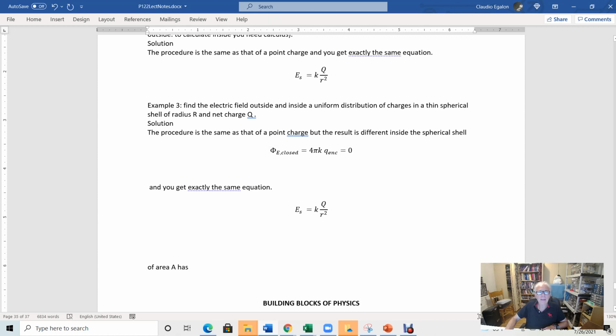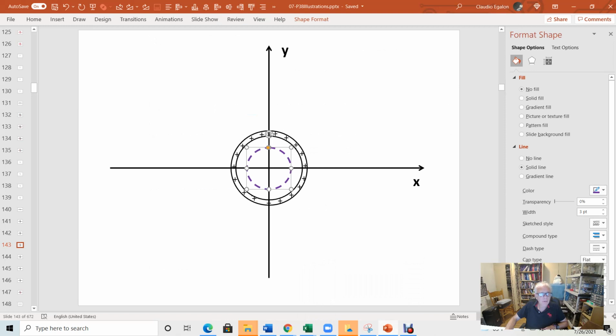Not only can you write that down, but let's assume that there is an electric field inside here emanating from the shell towards the center, right? Let's assume that this also has spherical symmetry.